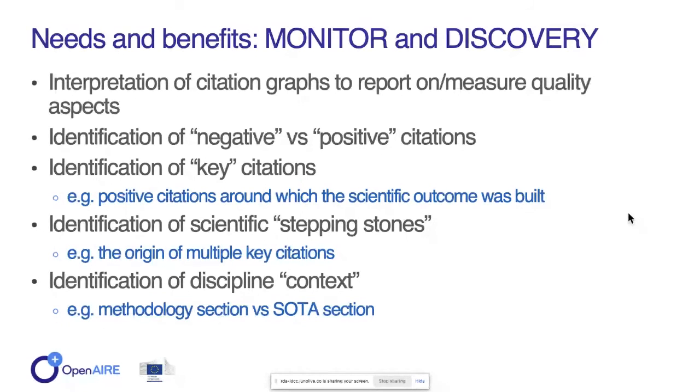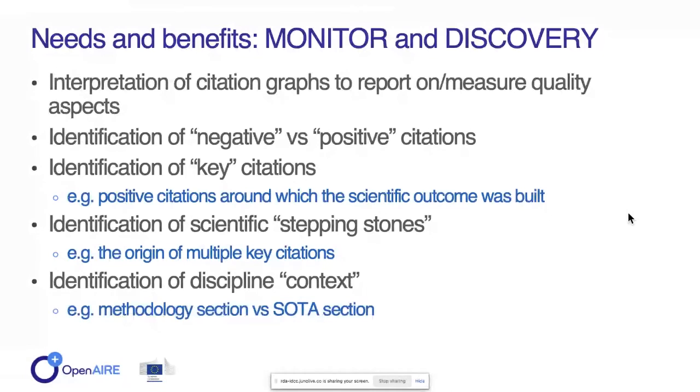And when we extend this to graphs that are as large as the one that I mentioned, this becomes challenging, not just in terms of identification, but also in terms of scalability. Another important aspect is identifying key citations. It's not just the fact that a citation is positive, but also identifying the fact that this citation is key for this paper.